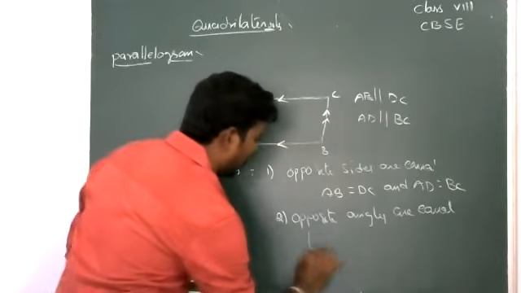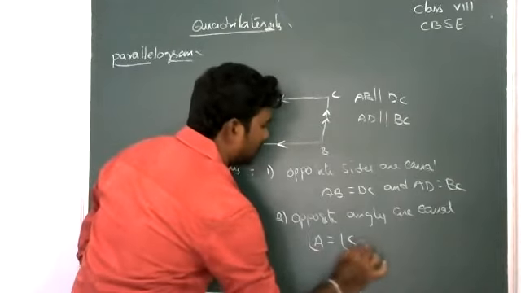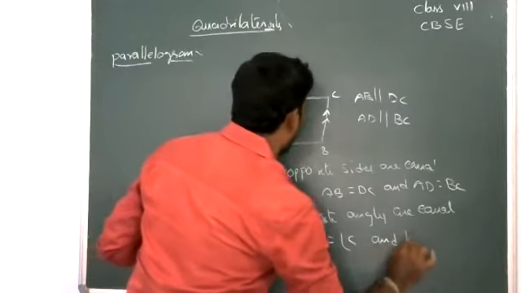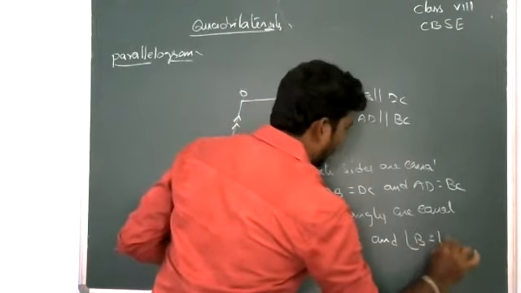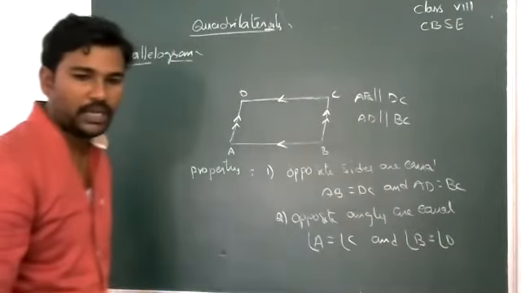That means angle A equals angle C and angle B equals angle D.